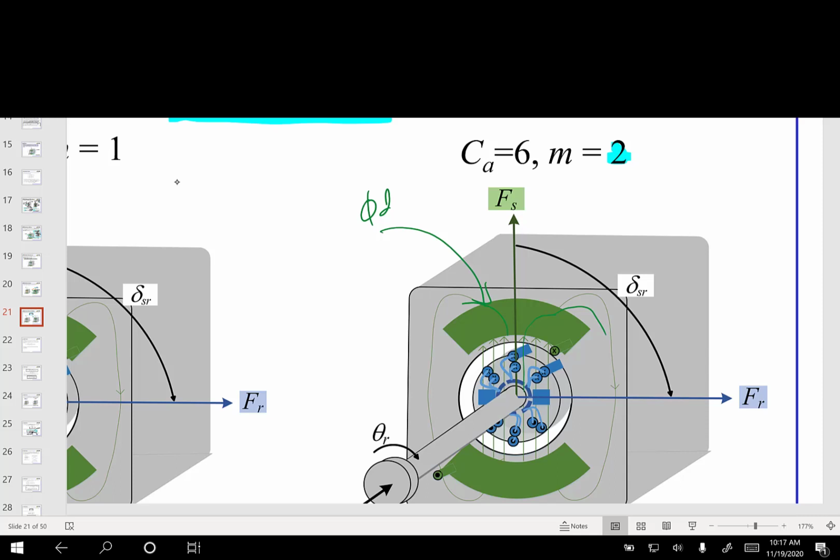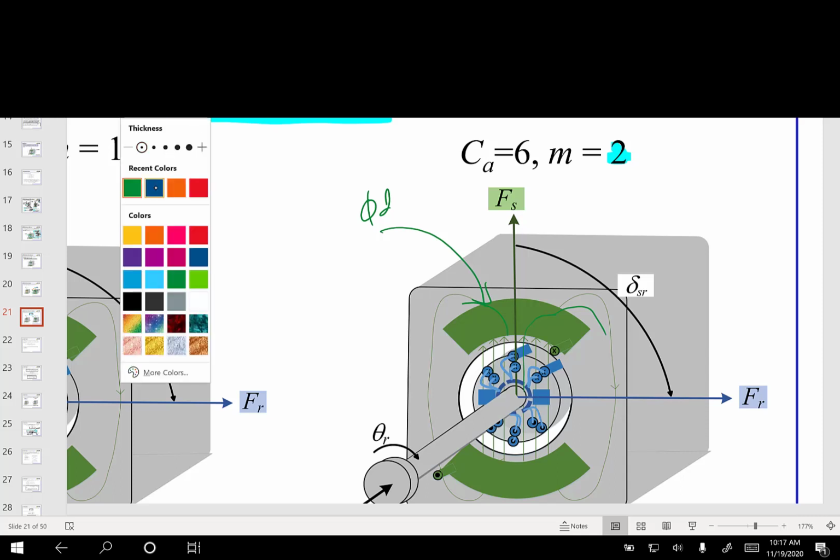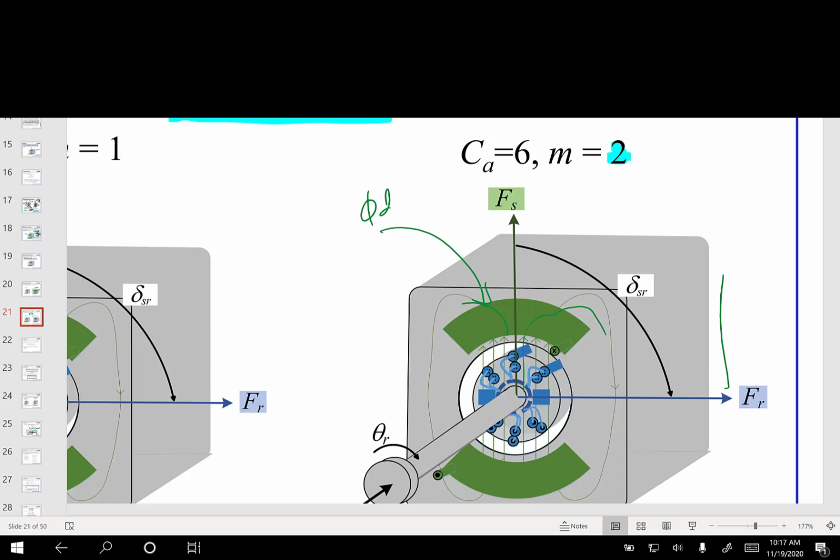You've got an axis along the field line, which is the direct flux axis, and you have an axis along the armature line, which controls the torque directly through current. You can indirectly control the torque with the field, but generally you use the armature to control the torque. And this is called the Q axis, quadrature axis. This is called the direct axis or D axis.